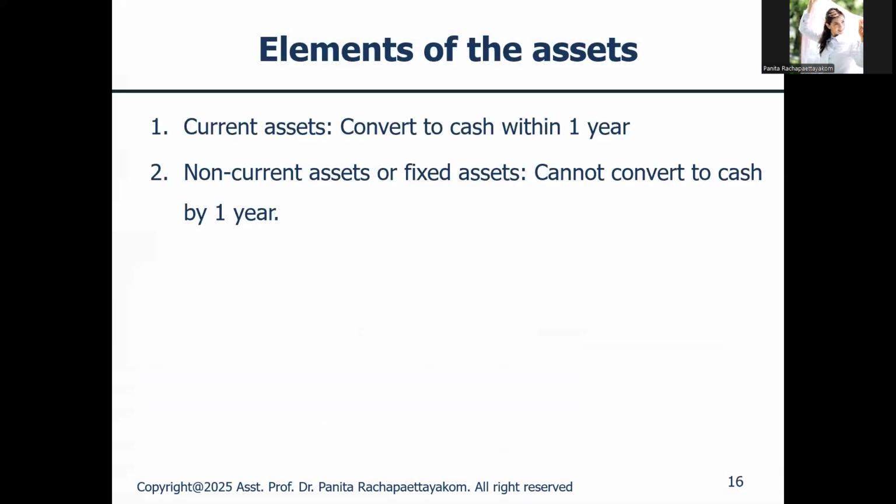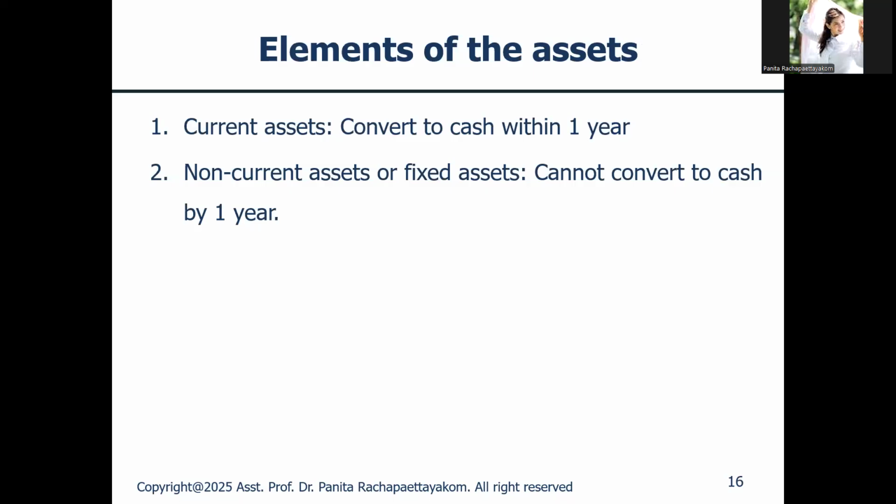For the components of assets, there are two types, as on slide number 16. We categorize assets into two categories: first, current assets, and second, non-current assets or fixed assets. How do we categorize an asset as current or non-current?